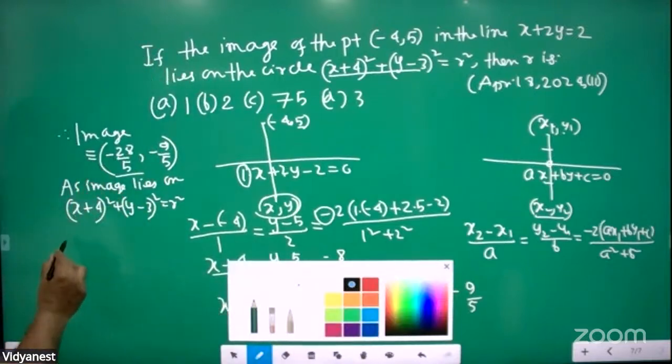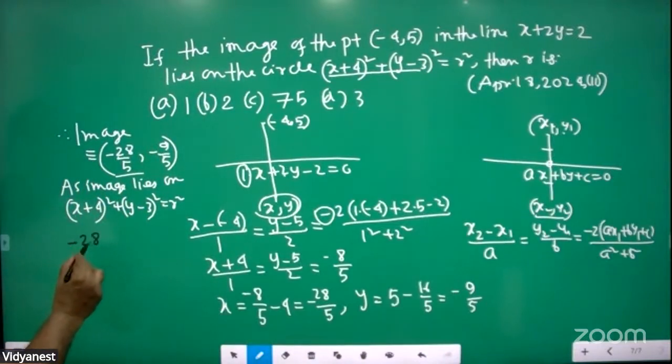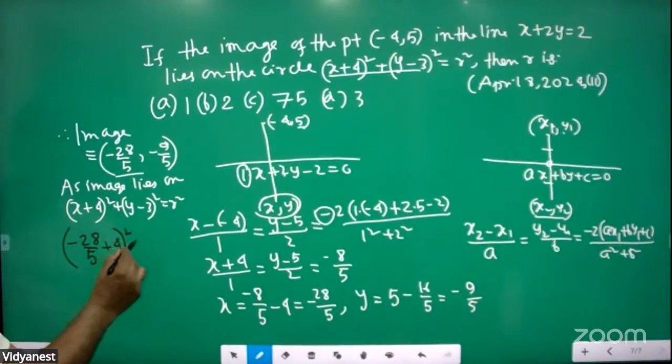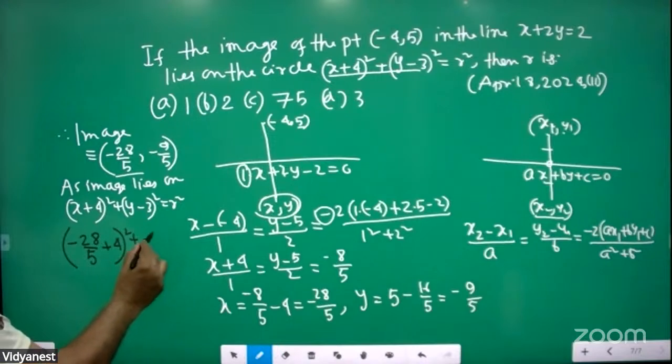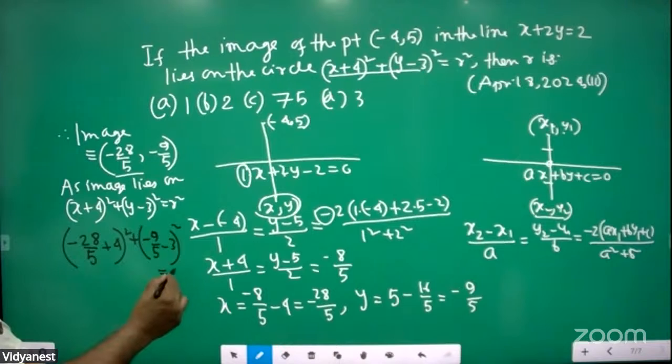Therefore, इसके जगह में minus 28 by 5 और y का जगह में minus 9 by 5 whole square. यही r square है.